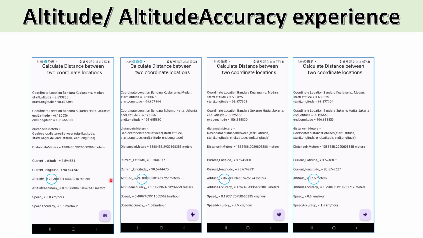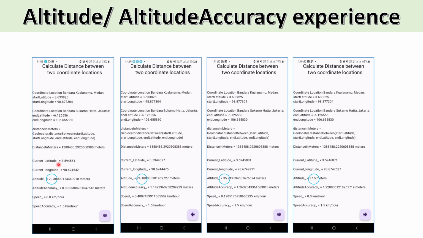If we use my application, I go to malls, maybe first level, we have altitude 20.3 meters, and the second level 24.1 meters.